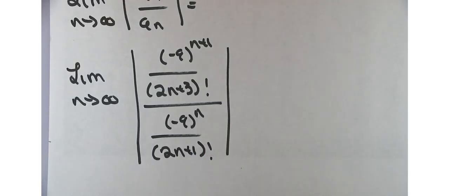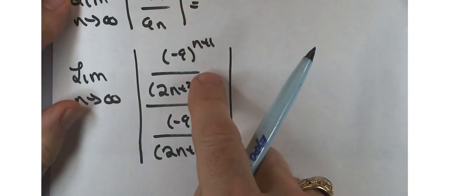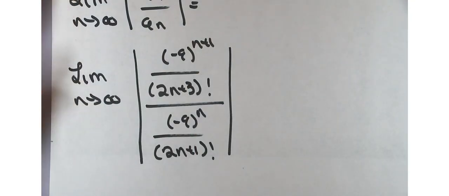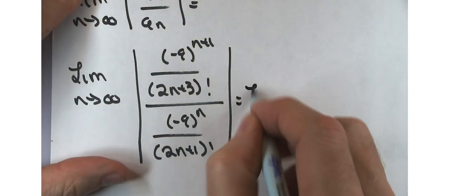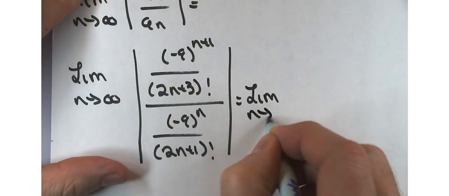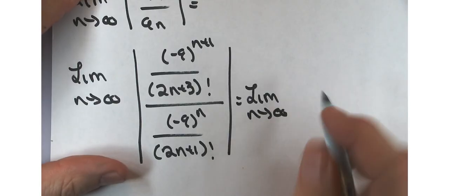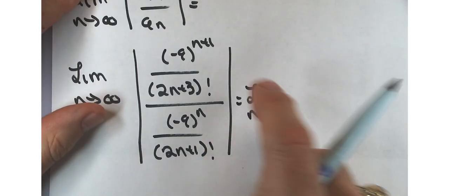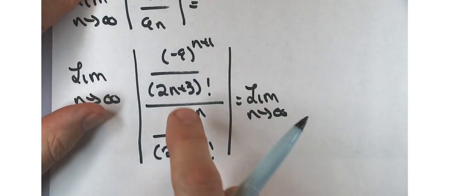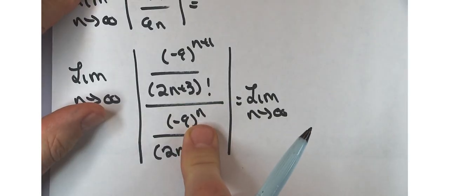Now when you divide fractions, you're going to multiply by the reciprocal. So I can rewrite that as the limit as n approaches infinity of this numerator term multiplied by the reciprocal of the denominator term.